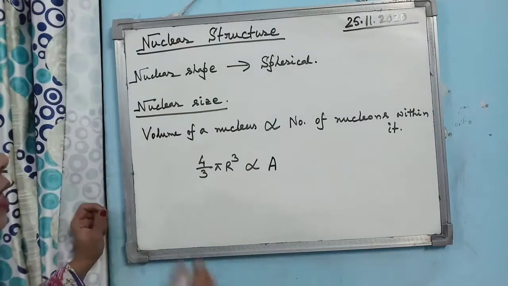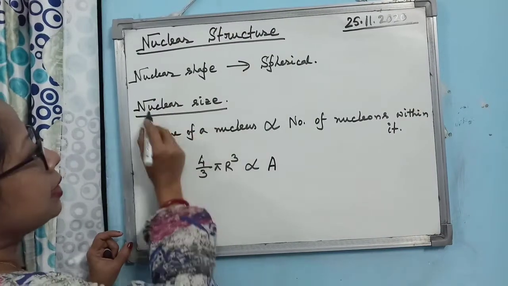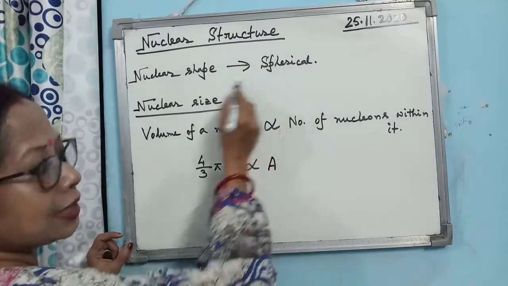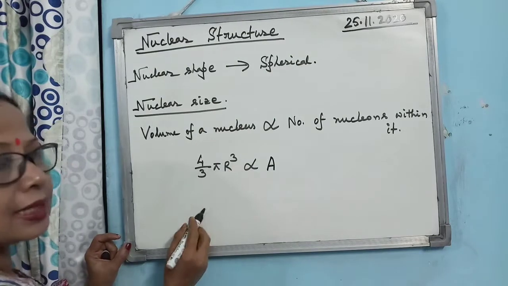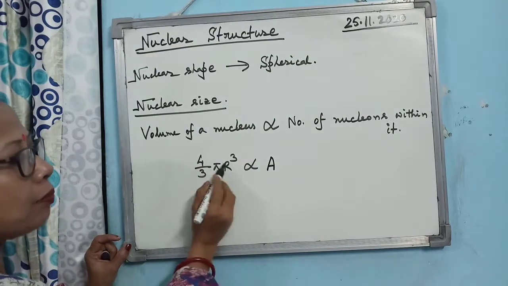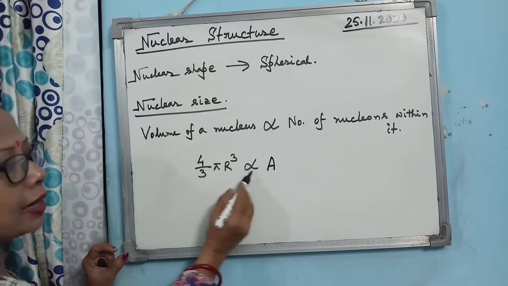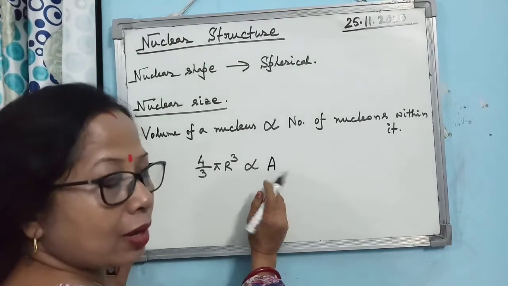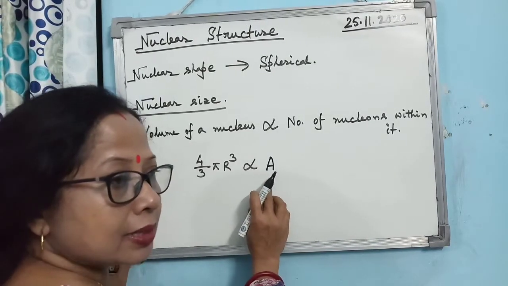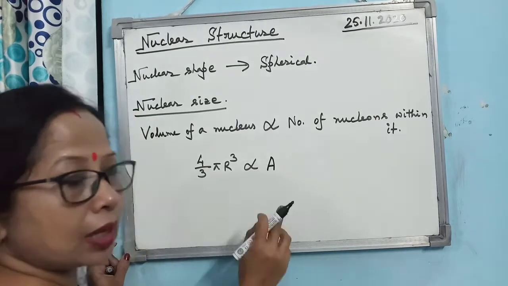Here, if you consider that the nucleus is spherical in shape and r is its radius, then the volume of a sphere is 4/3 pi r cube. So 4/3 pi r cube is directly proportional to A, where A is the mass number of the atom.